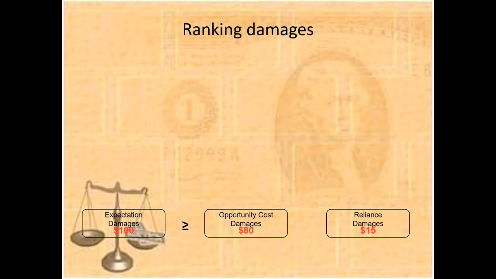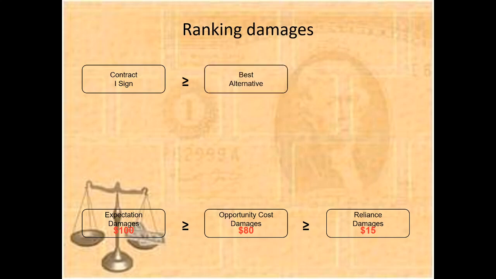In the normal case, expectation damage is the highest, so everybody wishes to have expectation damage when there is a breach. At the same time, the opportunity cost damage is lesser than the expectation damage, and reliance damage is obviously much lesser than the opportunity cost damage, because it only talks about the reliance. So we can have a grading of all these preferences people may have.